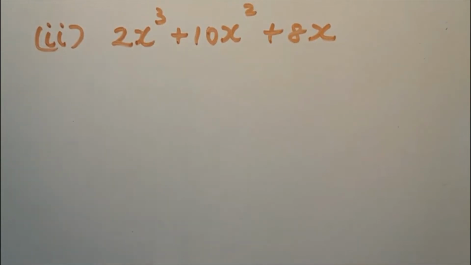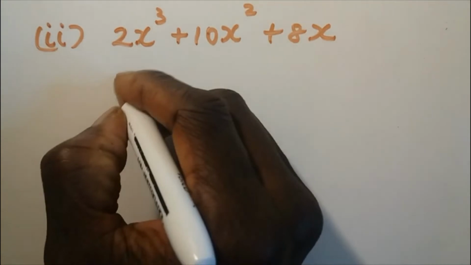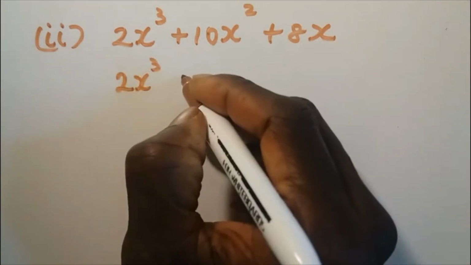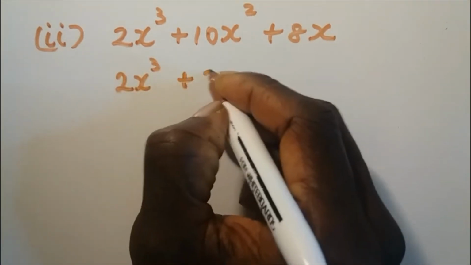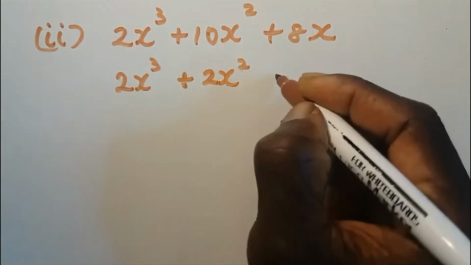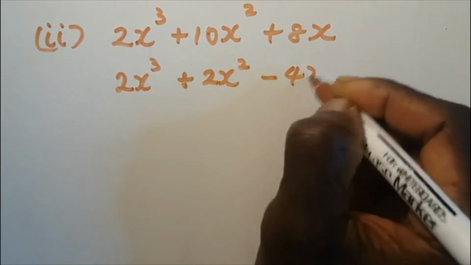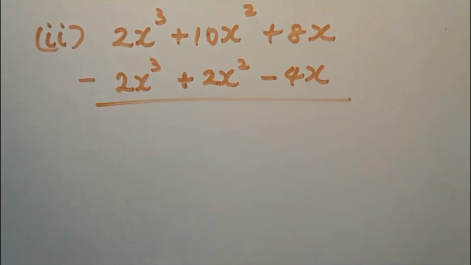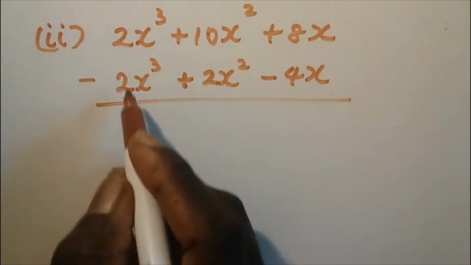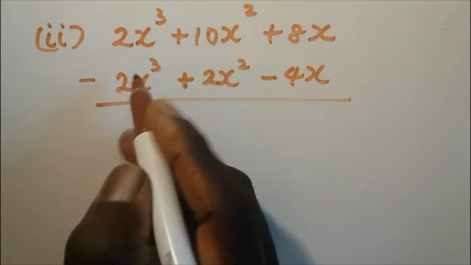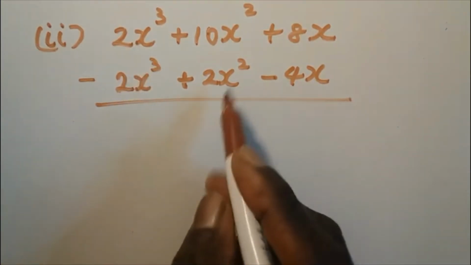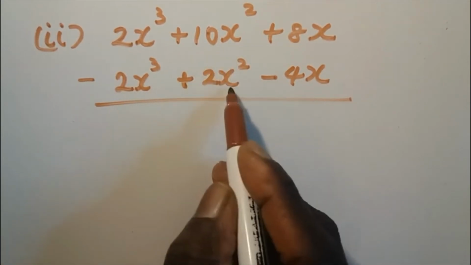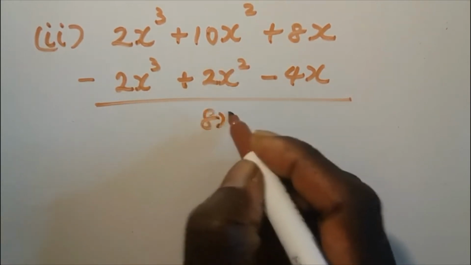And in part B, we calculated the volume of the inside of the box to be 2x cubed add 2x squared minus 4x. Now the difference between these two measurements will give us the volume of the wood. When we subtract 2x cubed from 2x cubed, that goes to 0. 10x squared, take away 2x squared gives us 8x squared.